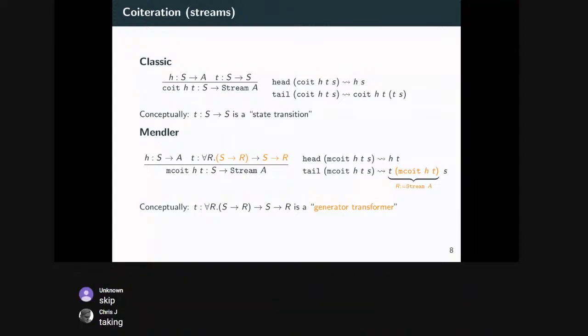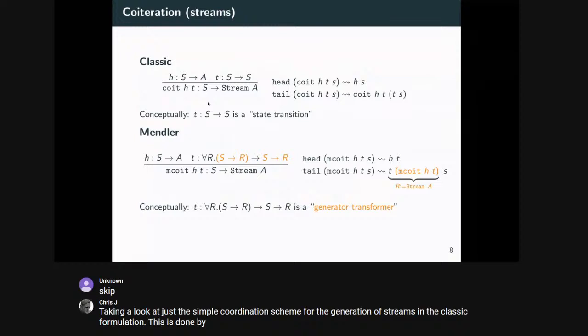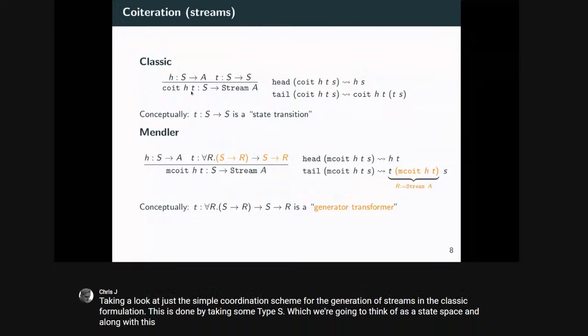Taking a look at just the simple co-iteration scheme for the generation of streams, in the classic formulation, this is done by taking some type S, which we're going to think of as a state space, and along with this type, we provide two operations. One, H, which is a function that says, given the current state of the stream, tell me what the head element is. And the other, T, which we can think of as a state transition.